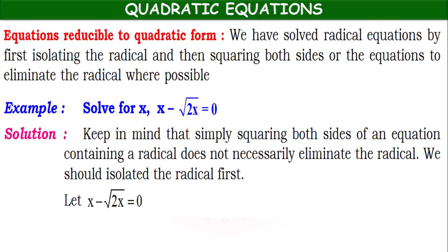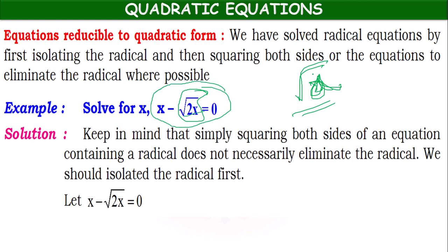Here don't get confused children, radical means that which is having a root. If it is not a perfect square, then it will be called a radical, which is in the root. For solving these equations which are having these radicals, first we have to eliminate this root by squaring on both sides. Then we can solve the equation.